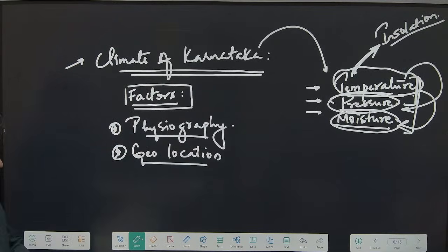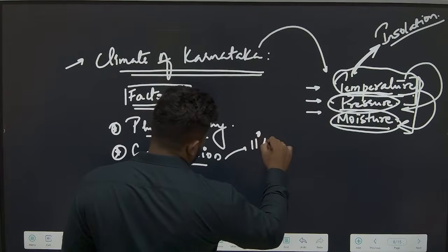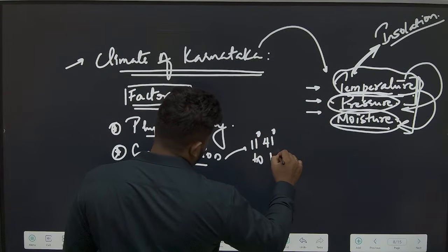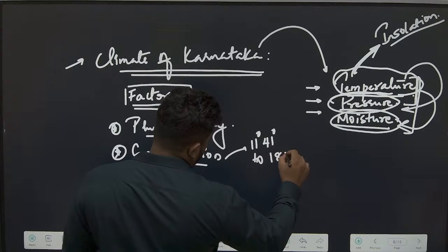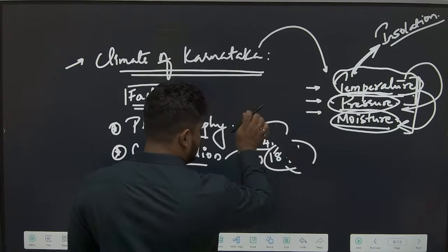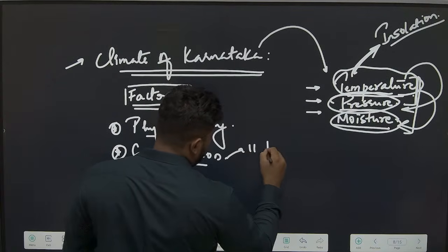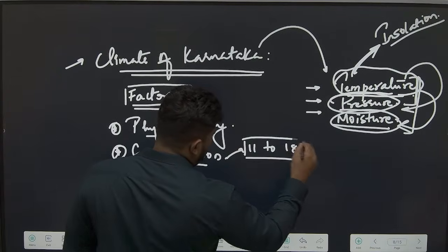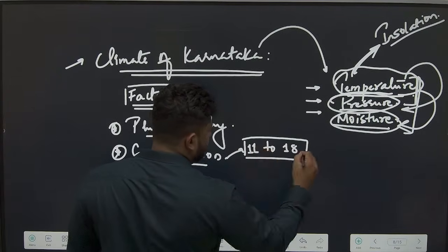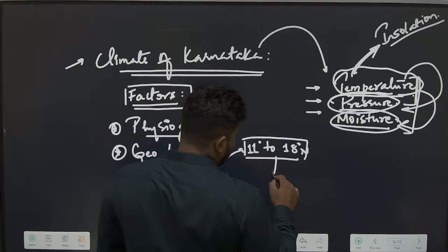All right. So there is physiography, geographical location, right? The latitudes that we are situated in, 11 degrees, how much? 11 to 14, 11 to 18 degrees north is a latitudinal extension that falls under which belt?